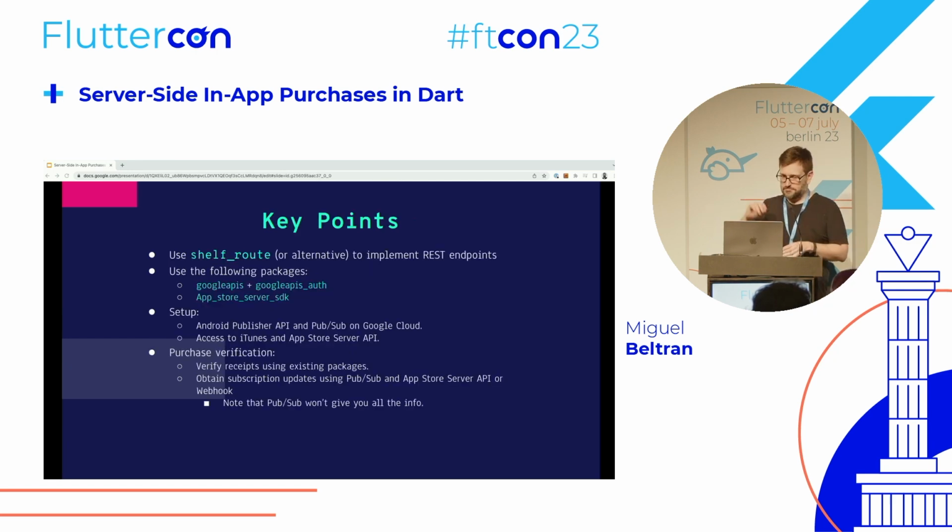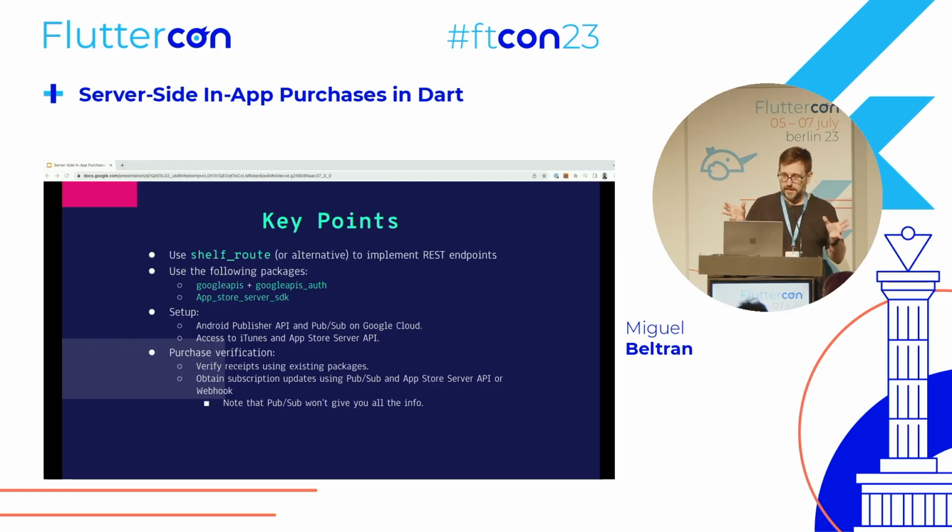Key points, just for finishing: you can use any simple way of creating REST endpoints. That will be enough. Use the following packages, the Google APIs, and also the App Store Server SDK. For the setup part, you need to set up the Android Publisher API and also PubSub to talk together, and also get access to iTunes and the App Store Server API.